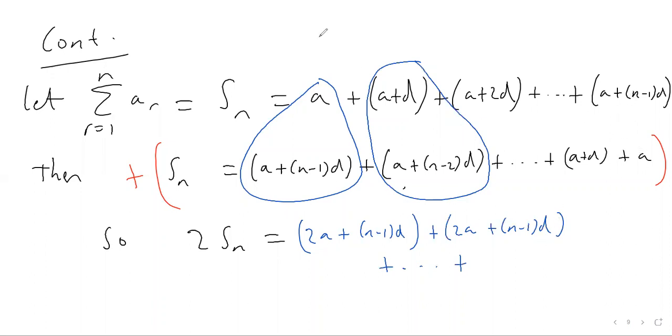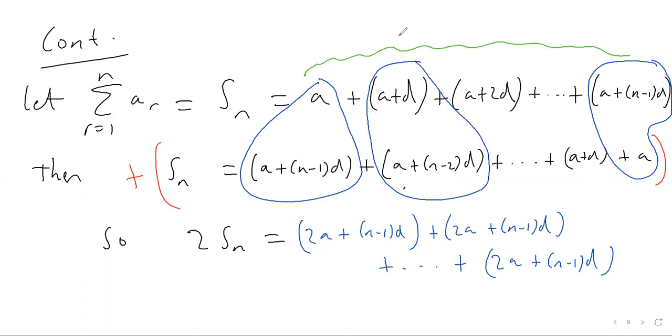And when we get up to our last one here, let's just do this last one explicitly. When we add those at the end there, a plus a will give us 2a, and then (n minus 1) times d is just (n minus 1) times d. So that's going to be our last part there. So we're adding this 2a plus (n minus 1)d basically n times, because remember, we've got n numbers in our sum.